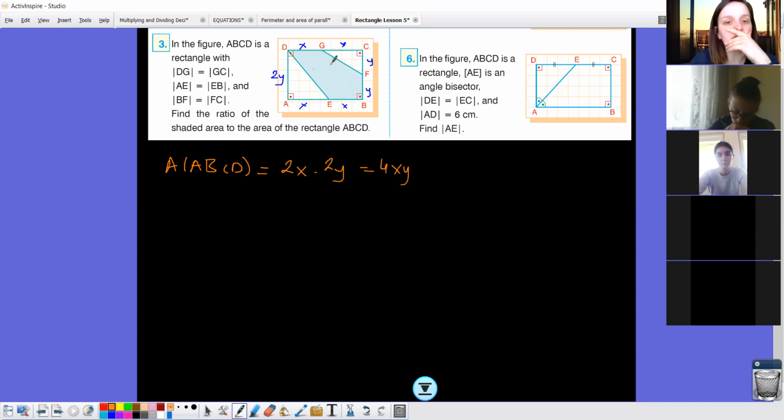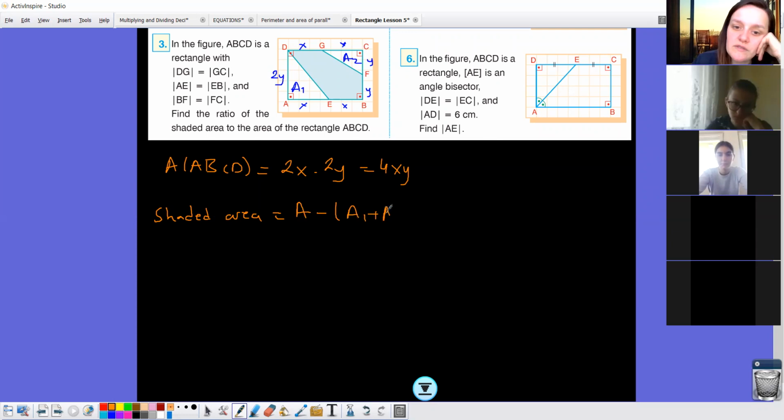And the shaded area, if this part is A1 and this one is A2, will be A minus A1 plus A2. A is 4xy, the area of the rectangle.